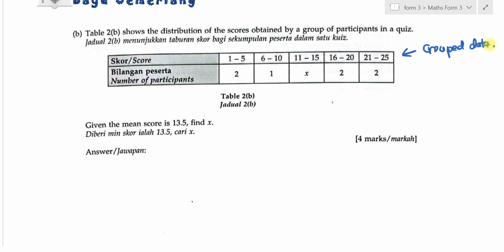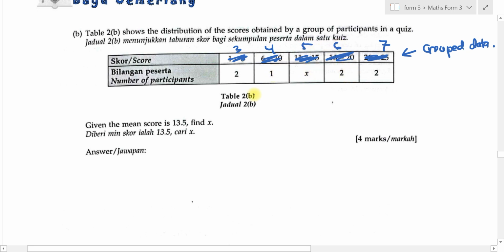If it is grouped data, be careful. Let's say this is not grouped data. Let's say it's 3, 4, 5, 6, 7. How many people scored 3? 2 people. Score 4, one person. Score 5, X people.